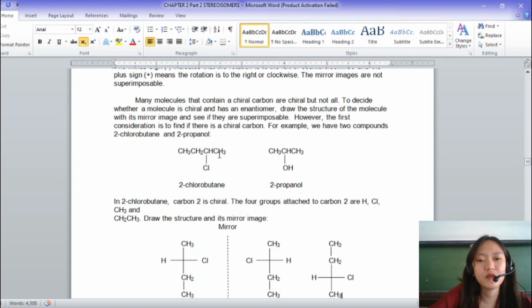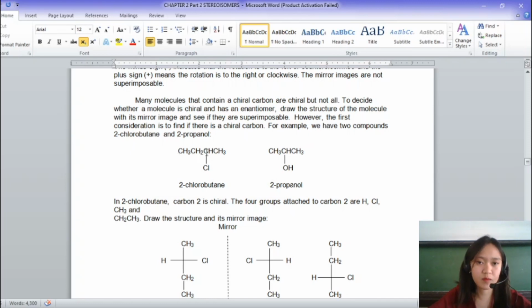So, paano malaman kung nasaan ang 1 carbon? Ito bang left or itong right? To know, you will base kung saan nakadikit yung first functional group. Okay? Kung saan pinakamalapit sa pinakaunang carbon nakadikit yung functional group, then meaning doon ang first carbon. For example, dito, basing from the left side, 1, 2, 3.